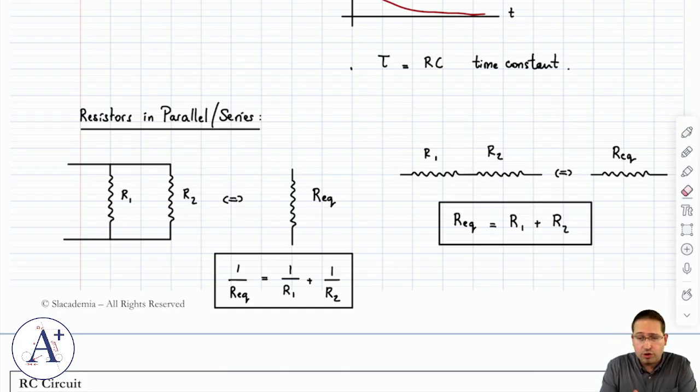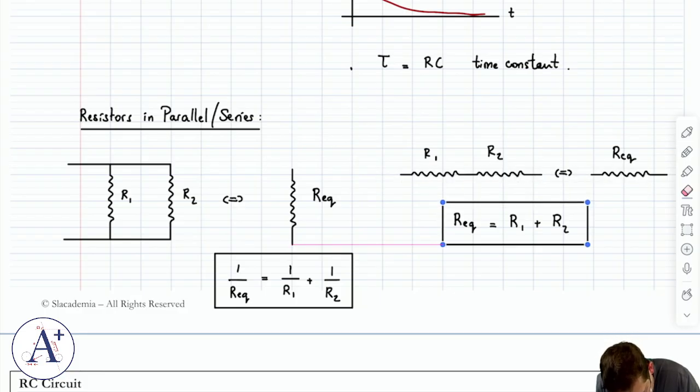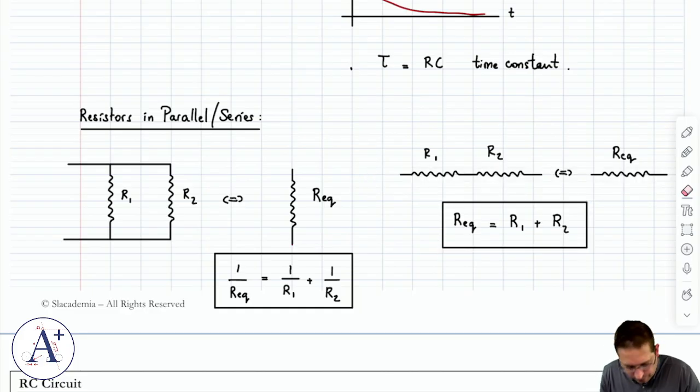So it's harder to go through two resistors in series than if you're just going through one of them. So it makes sense that our equivalent should be the sum of R1 and R2. Okay. So the formulas work exactly opposite those of capacitors. Just keep your ducks in a row, know which one is which.